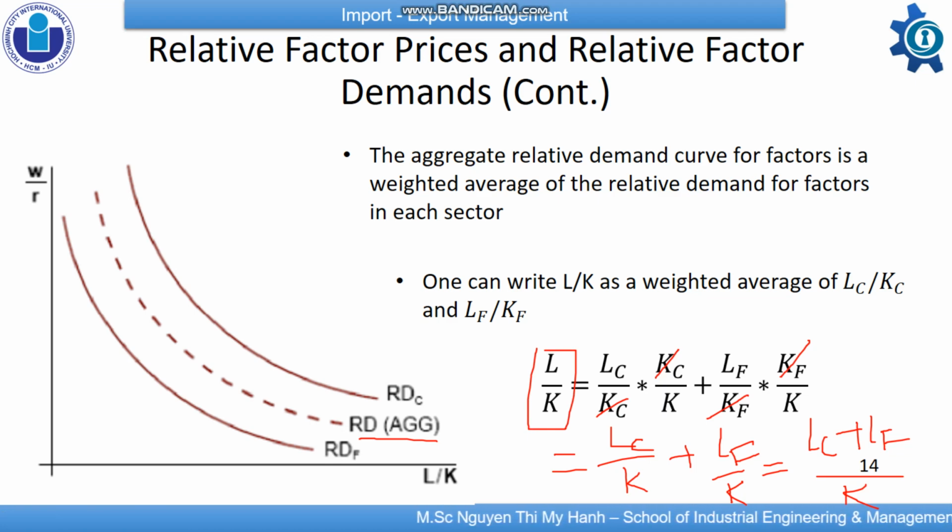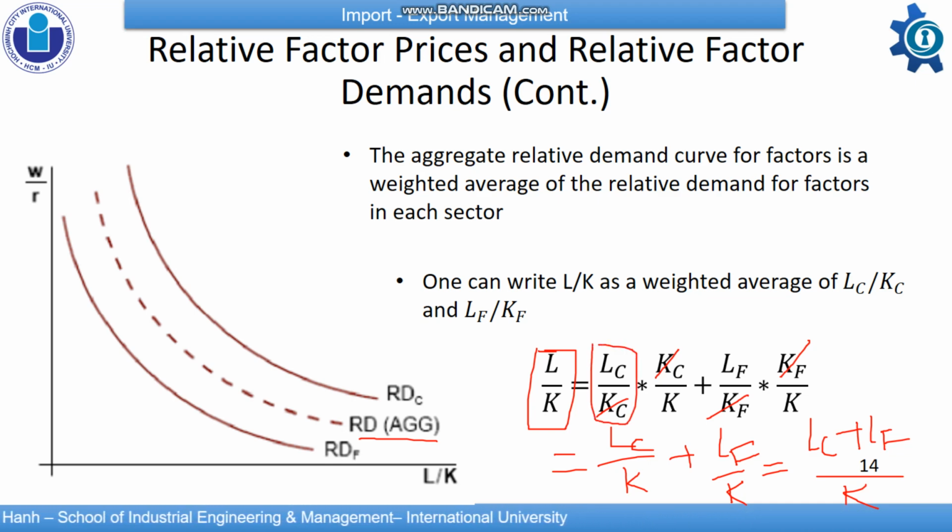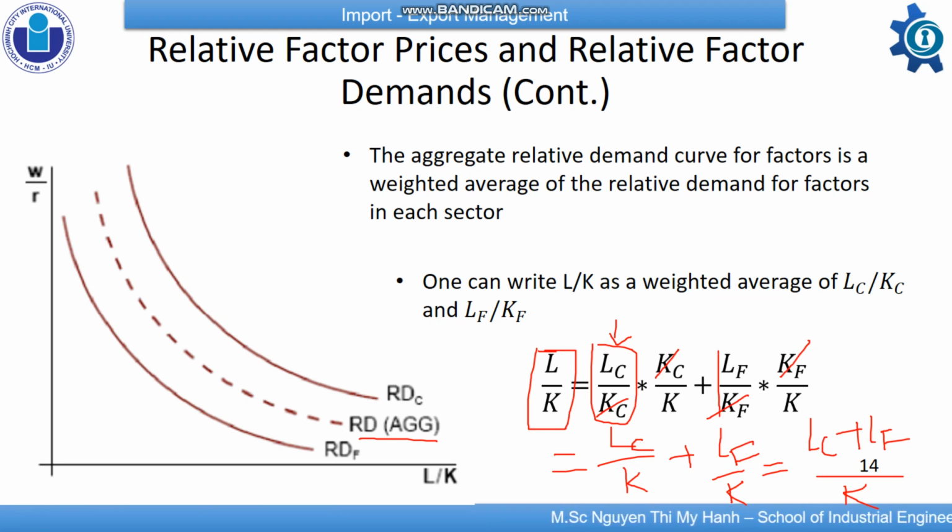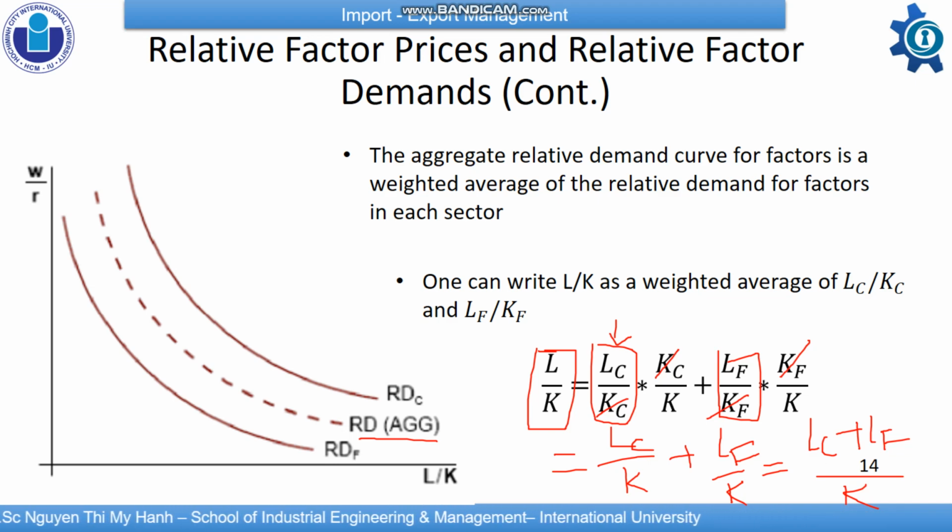This one is the relative demand for labor to capital in the cloth producing sector, and here is the relative demand for labor to capital in the food production sector, and the ratio between KC and K, this one we can consider as a constant.